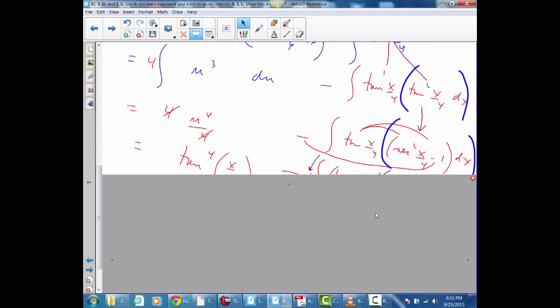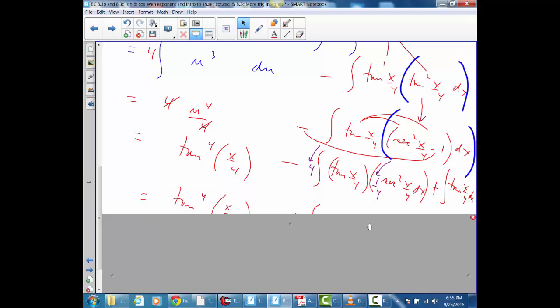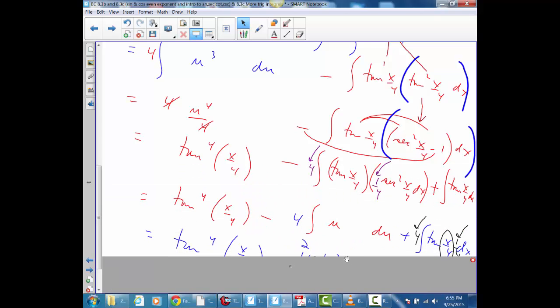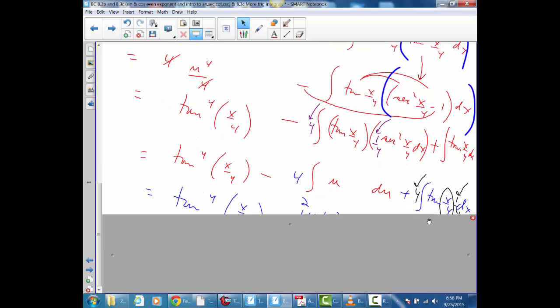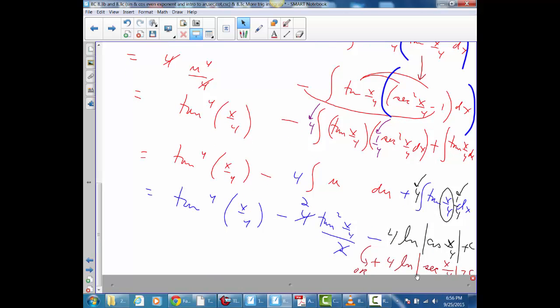Again, you'll replace the tan squared by secant squared minus 1. Again, you will distribute. And eventually, you'll end up with tan to the fourth over 4 minus, and then this is just the integral of u du. But over here you will end up with minus ln cosine, or plus ln secant, when you integrate just the tan.